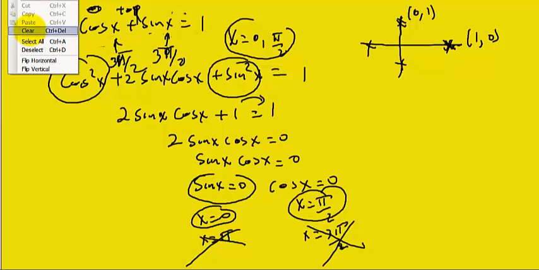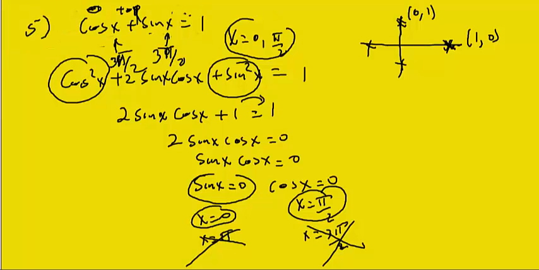Alright. That was number 5, so we're going to 6, I believe. Alright, 6. Sine x is equal to cosine x. Alright, how do you want to do it? Easy way? Okay. Easy way is simple. There's only 2 places where sine x and cosine x are exactly the same on a unit circle.